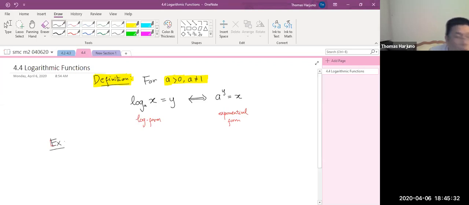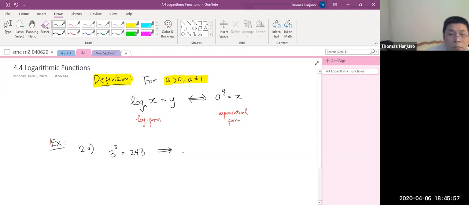Let's say, for example, we want to rewrite into logarithmic form. For example, number 2a. 3 to the 5th equals 243. This is exponential form. So what will the log form be?